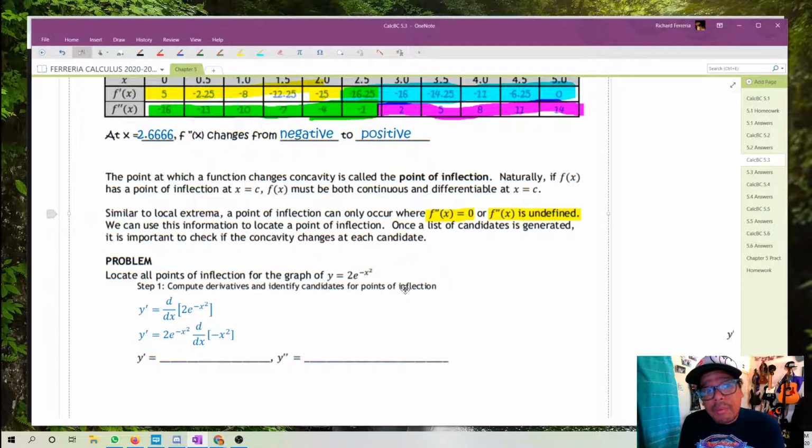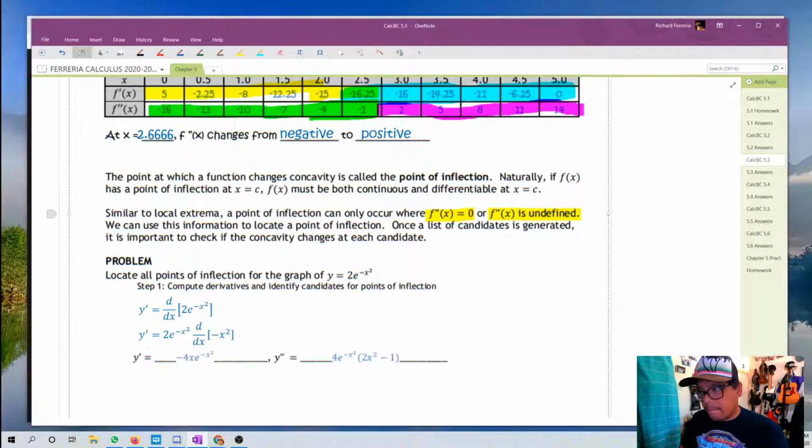The derivative of negative x squared is negative 2x, giving us a derivative of negative 4x e to the negative x squared. Remember, the derivative of negative x squared is negative 2x, and the negative 2x times 2 is negative 4x.